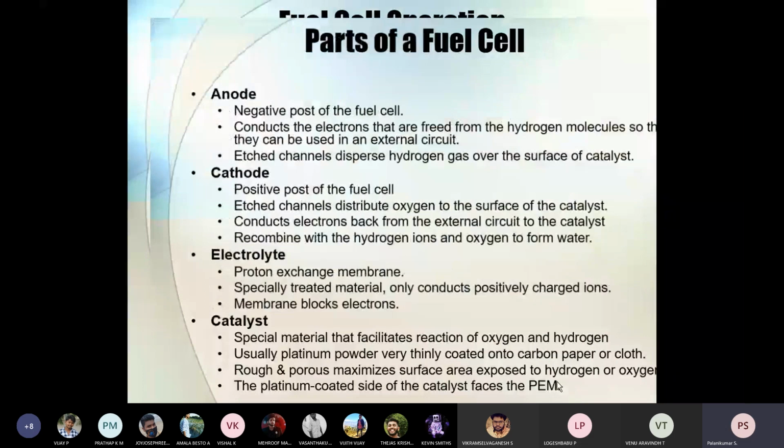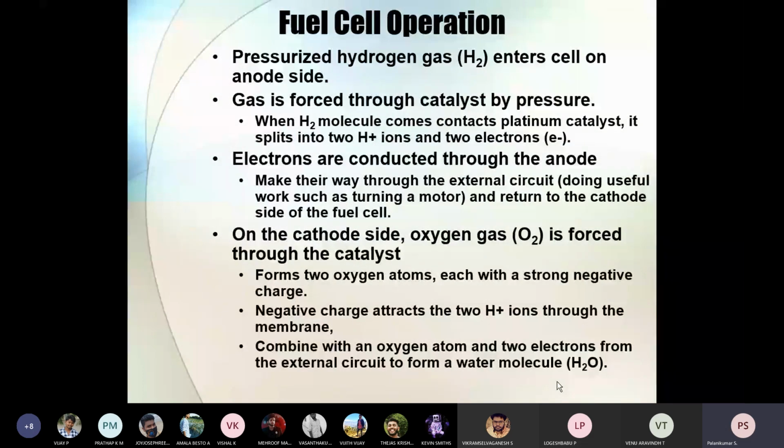When it is forced through the platinum-coated catalyst, the H2 molecule comes in contact with the catalyst. It splits into two hydrogen ions, H+. Whenever it loses the electrons, those two electrons are available for conduction. So free electrons are available.